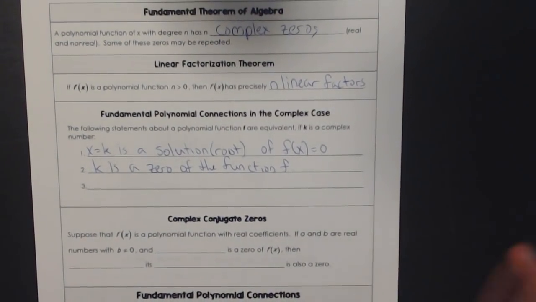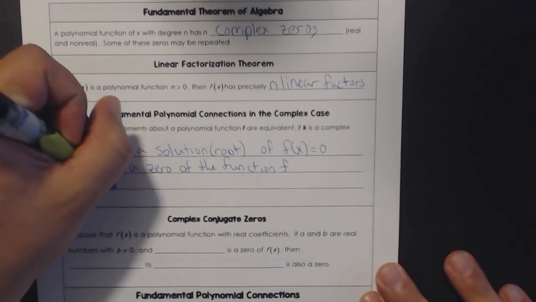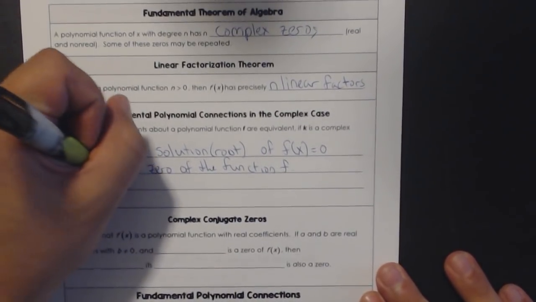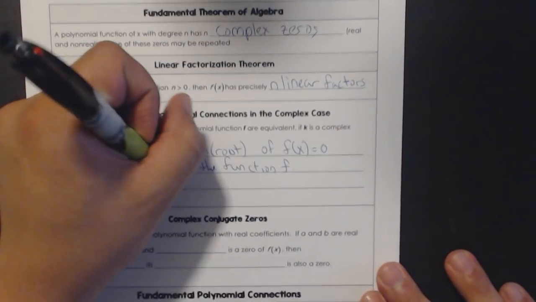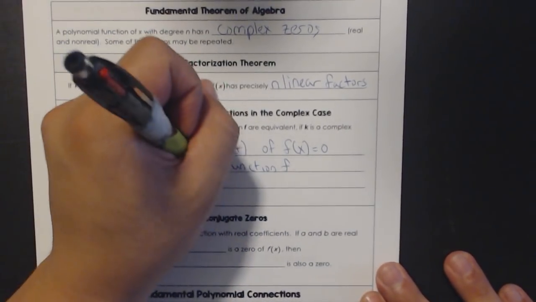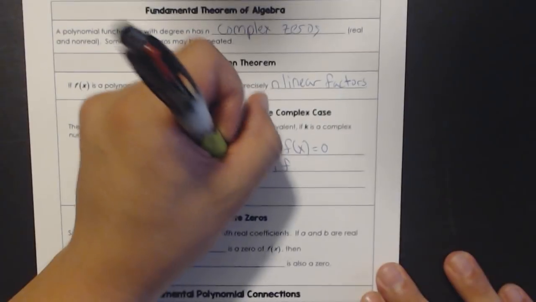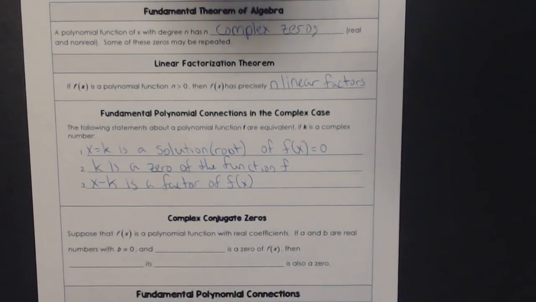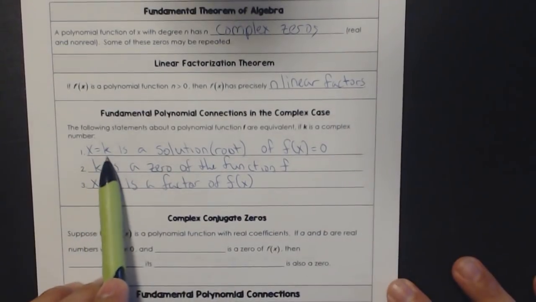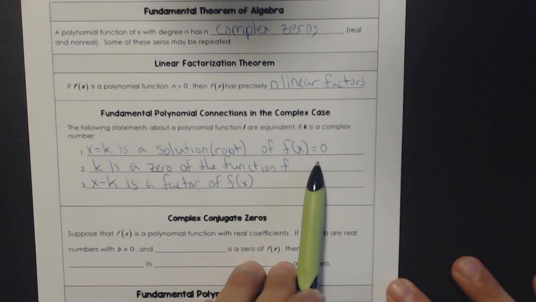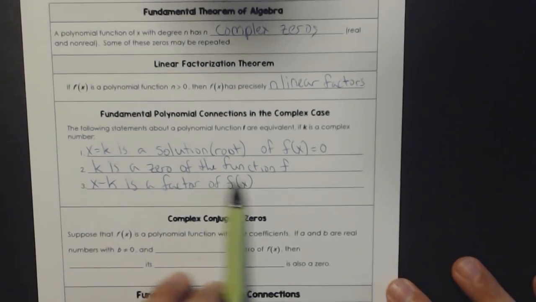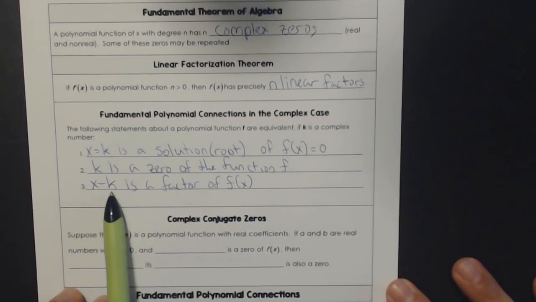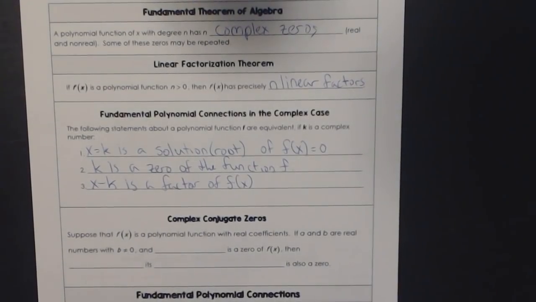And lastly, we can say that x minus k is a factor of f of x. Basically all we just said here was the same thing, just written differently.